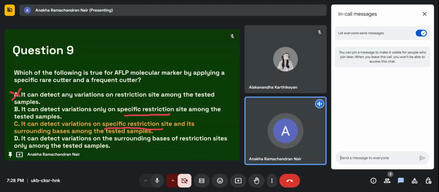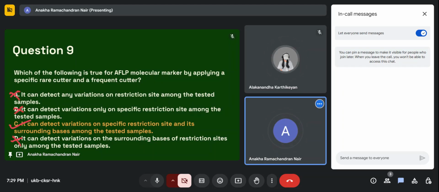So if you remember from when we were discussing the AFLP, you will have +1, +2, +3 to detect variations in the flanking regions of the restriction site, right? So that means this is the correct answer. Option A and option B were missing a few things. Option D also is missing something, right? So the correct answer in the totality is option C.